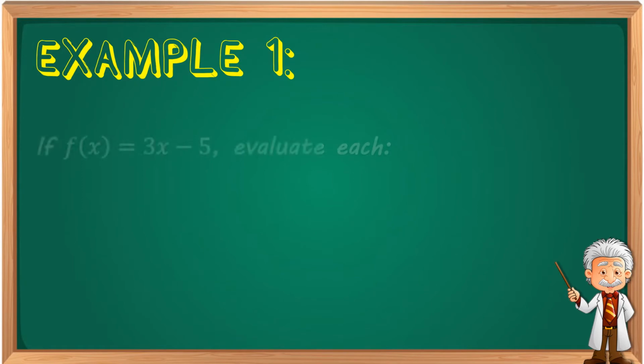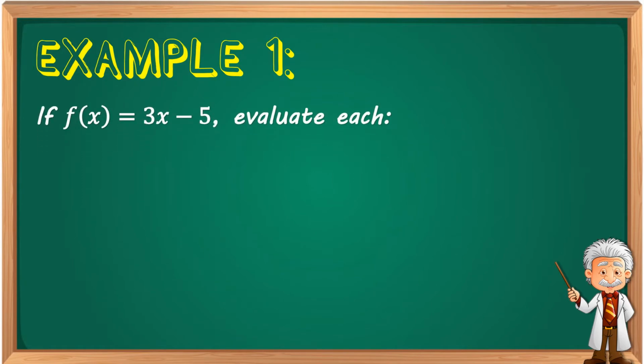Example 1. If f of x is equal to 3x minus 5, evaluate each. A, f of 4, B, f of negative 2, and C, f of 0. Hindi ito multiple choice. So, ang function na given natin ay f of x is equal to 3x minus 5, wherein ang ating mga given ay f of 4, f of negative 2, at f of 0.